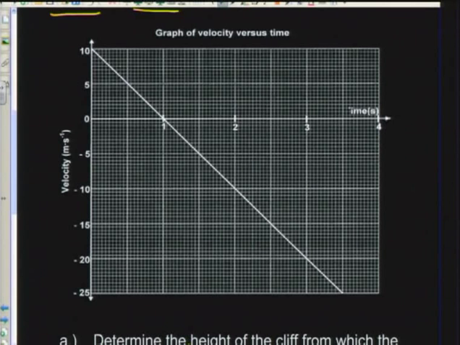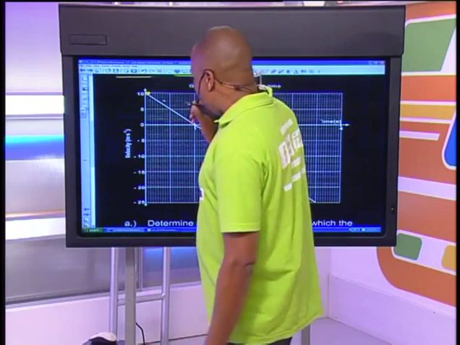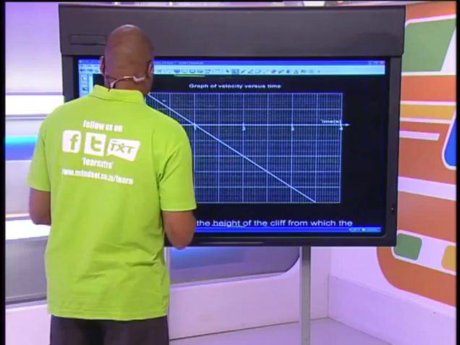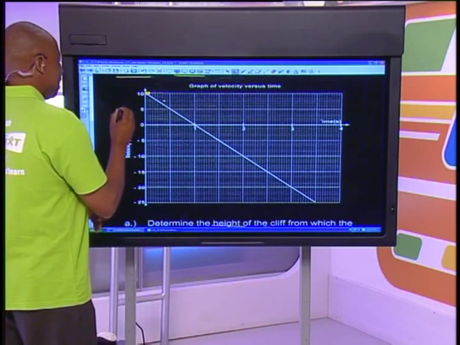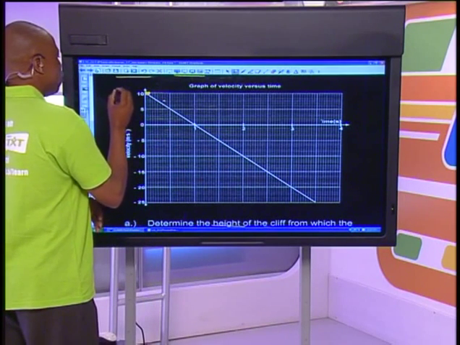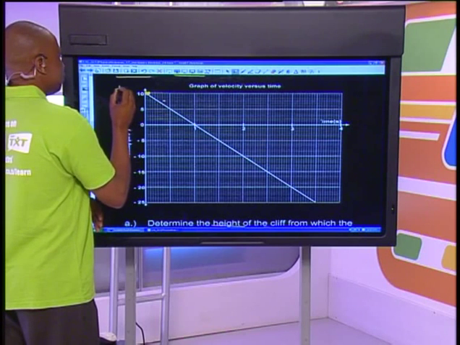Now, the boy is throwing a stone upwards at a velocity of 10 meters per second. If I look at the shape of the graph, it is a straight line slanting with a negative slope. All right? What does that mean? It tells me that whoever drew this graph took the upward direction of the stone to be positive.